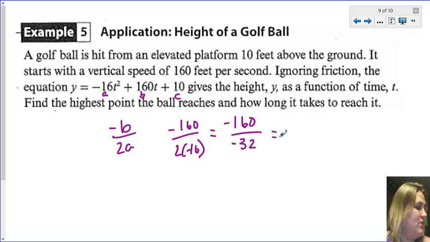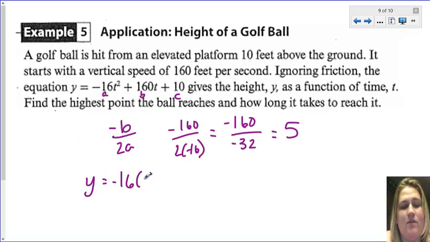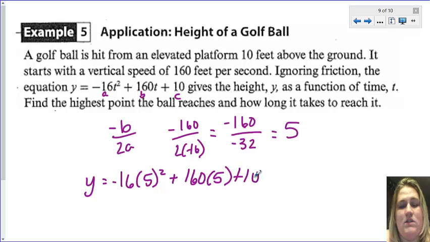I don't have my calculator, so I'm going to cheat and use the book. That gives me 5. So what we're going to do with 5 is use that and substitute it for t. So I have y equals negative 16 times 5 squared plus 160 times 5 plus 10.